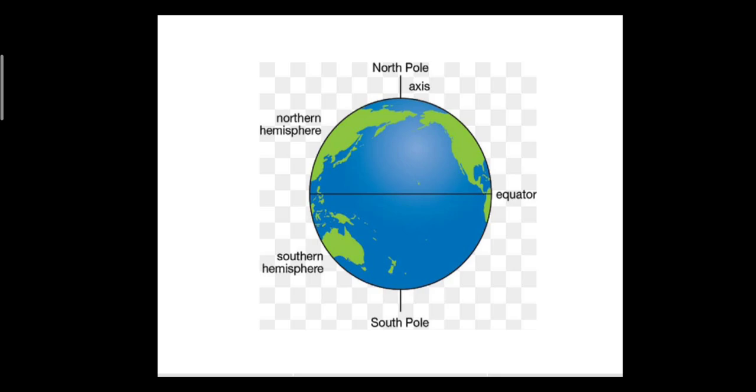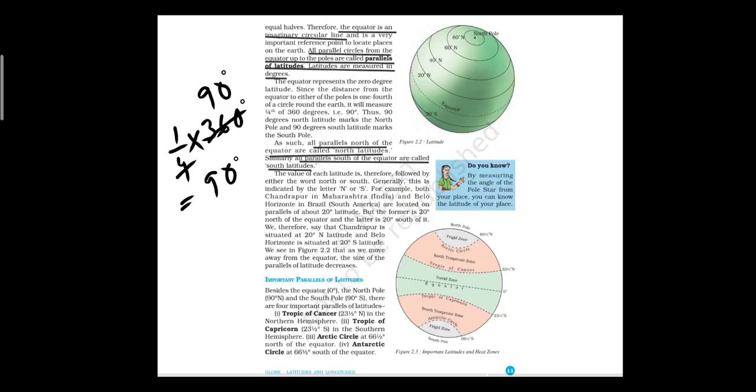So the equator divides the earth from the center. From the equator to the North Pole, all of the area is known as the northern hemisphere, and from the equator to the South Pole, all of the area is known as the southern hemisphere. Both these halves are of equal size.